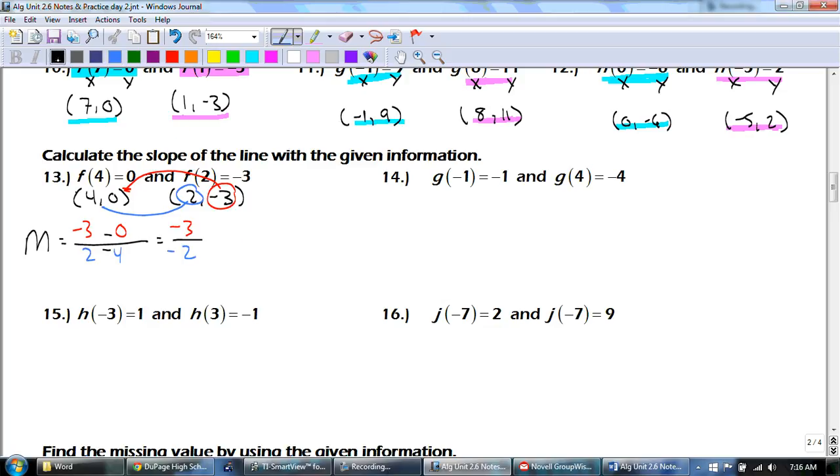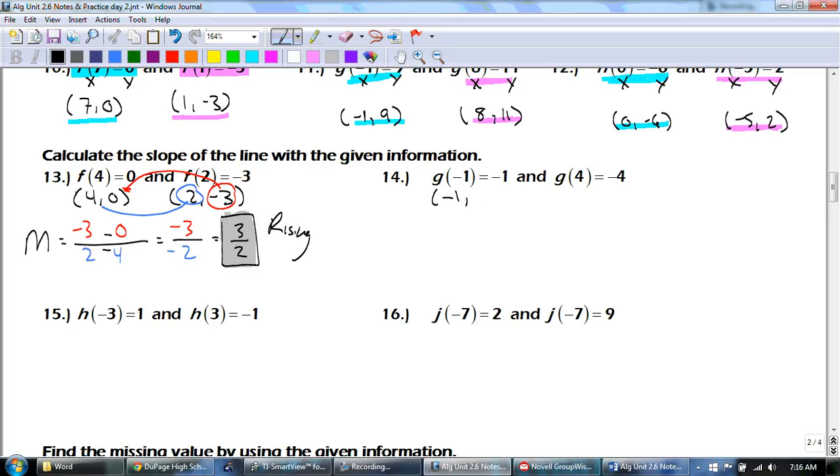And does it reduce? Yeah, it does, because it's 2 negatives, and 2 negatives make a positive. So it's 3 over 2. Okay, and then to describe it, is it rising, falling, horizontal or vertical? Yeah, this is rising.